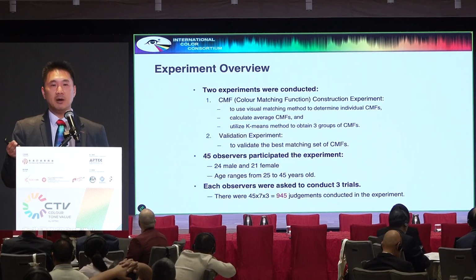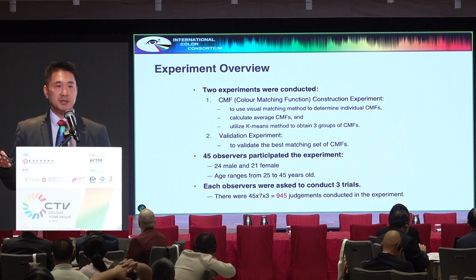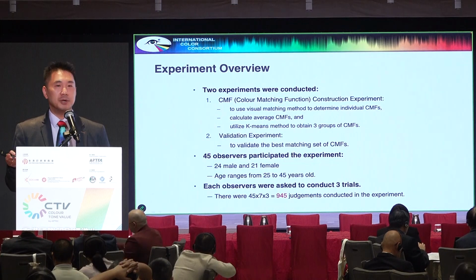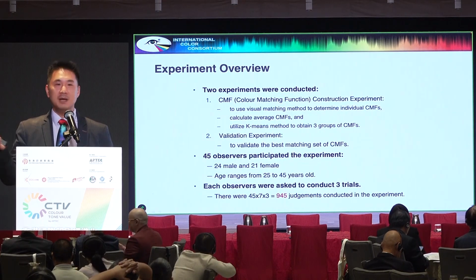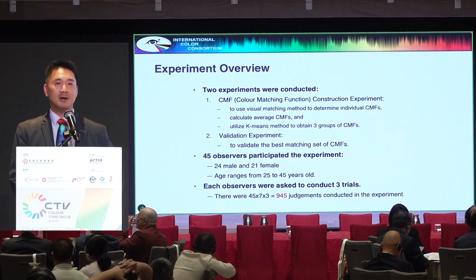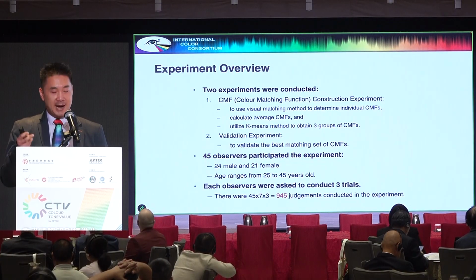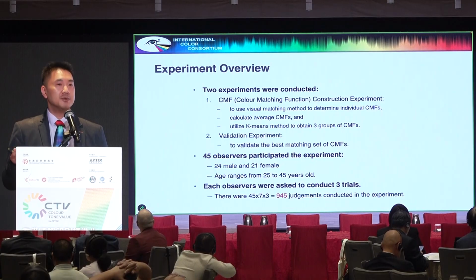The reason why there are only 45 observers in this experiment is because I'm running out of friends in my company. So I'm hoping that I can make some new friends here today, so they can be part of my experiments, okay?